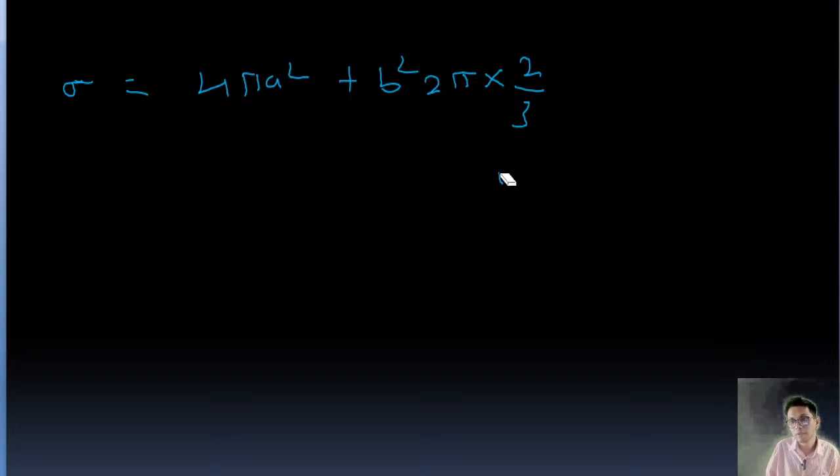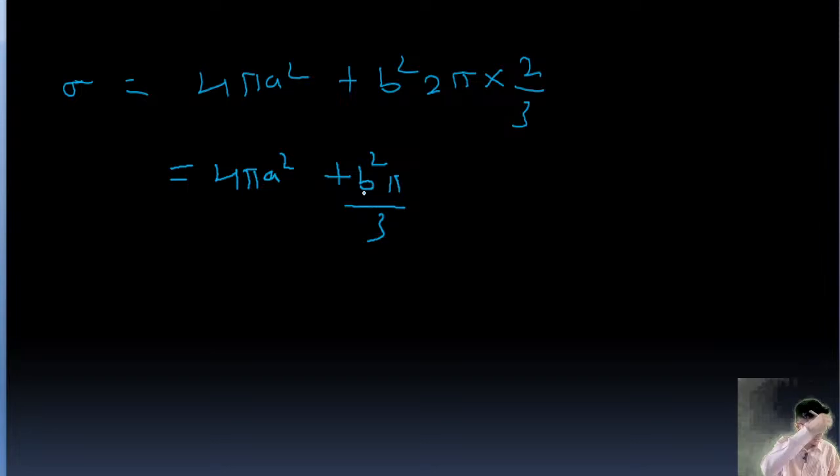So cos square theta sin theta d theta from 0 to pi is 2 by 3, and the integral over phi from 0 to 2 pi is 2 pi. So this is going to be 4 pi a square plus, the 2 getting cancelled, b square pi upon 3.